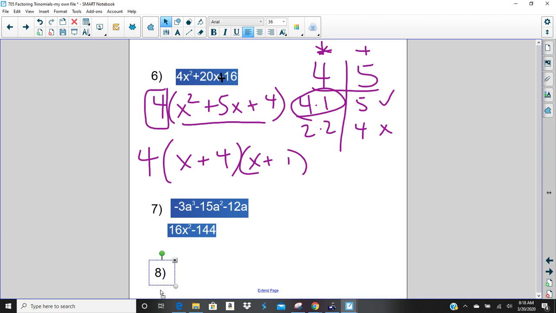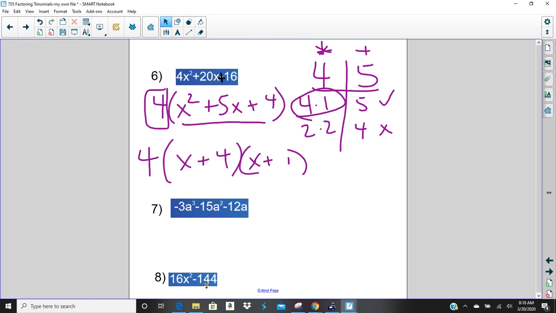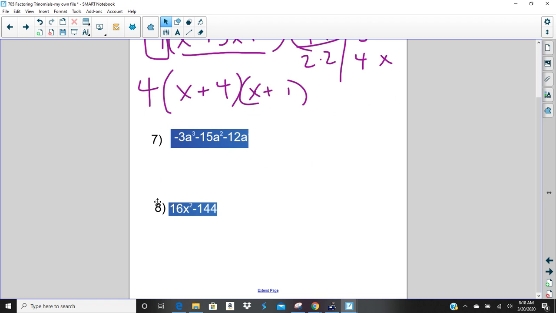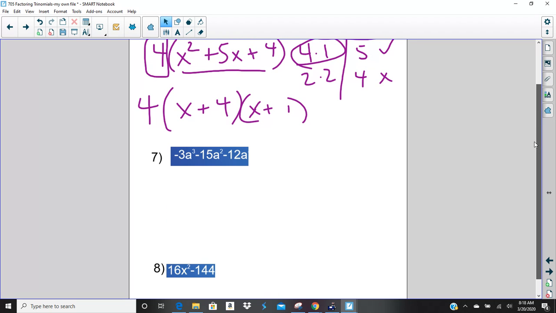Now this one, we have multiple GCFs. Remember how I keep saying I really want you guys to make sure that you have a positive number that the parentheses start off with. So I want this x squared, in this case a squared, to be positive. So we can see, what is our GCF? We have a number and we have a variable.